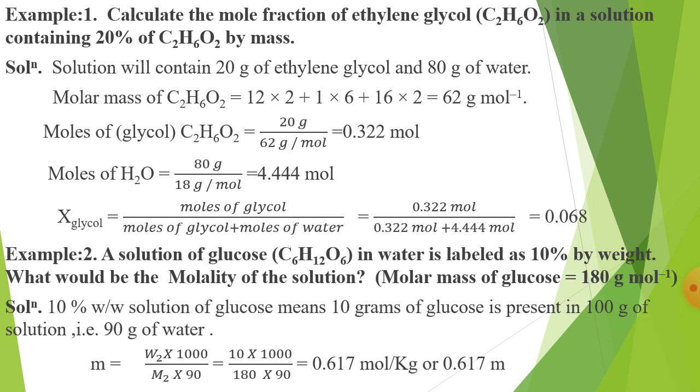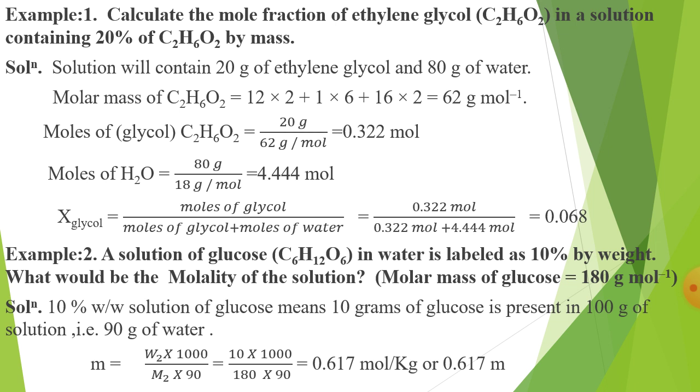Now we have to calculate the moles of water, the second component. Here the mass of water is given as 80 and the molar mass of water is 18 gram per mole. After solving this, we get the number of moles of water as 4.44 moles. Now we have to calculate the mole fraction of ethylene glycol. So mole fraction X glycol equals moles of glycol divided by moles of glycol plus moles of water.